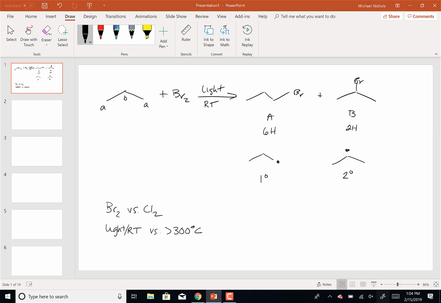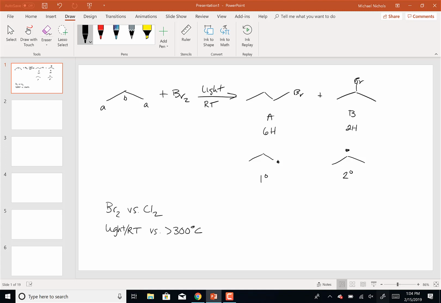First, what people decided to do was to try and determine for these reactions how much faster you could form a secondary radical versus a primary radical. Now, the problem is determining absolute rates is nearly impossible. I mean, it can be done, but what we'd instead like to do is relative rates.